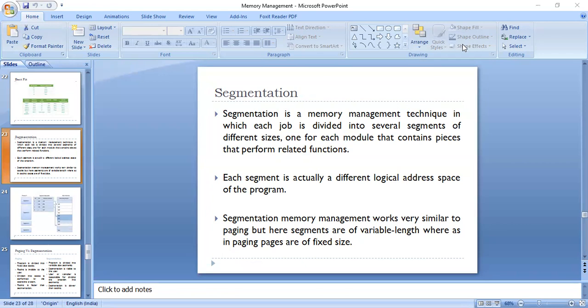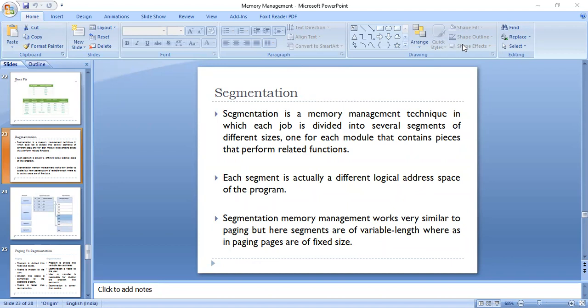So a segment is a logical unit, such as the main program, the procedures, functions, methods, objects, common blocks, or maybe the data structures that we are having, arrays, stacks, local variables. All segment sizes may or may not be equal.